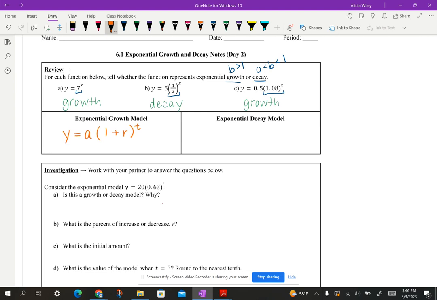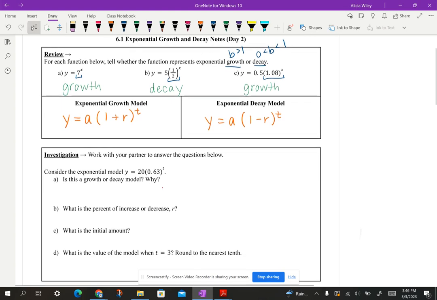Remember, t is the time. And decay, y equals a, except in the parenthesis, we have 1 minus r to the power of t. Now, if you're wondering what the different variables and parts of each of these models represent, take out your notes from yesterday. We wrote that down in our notes yesterday.